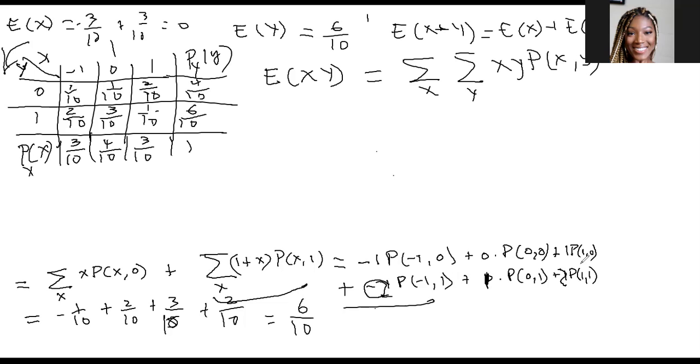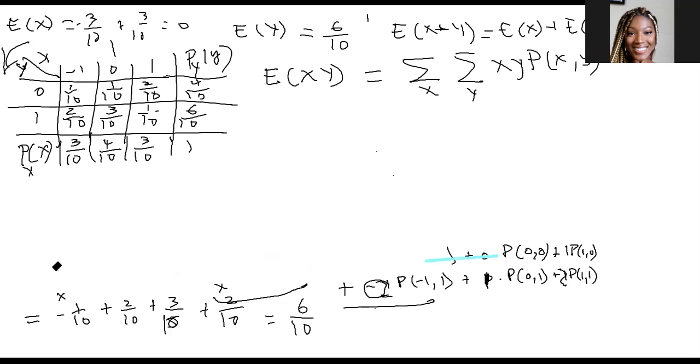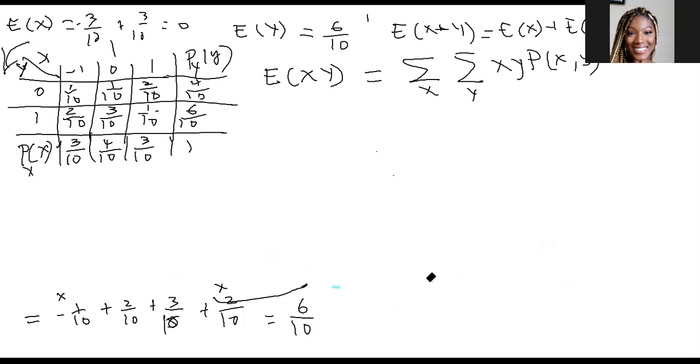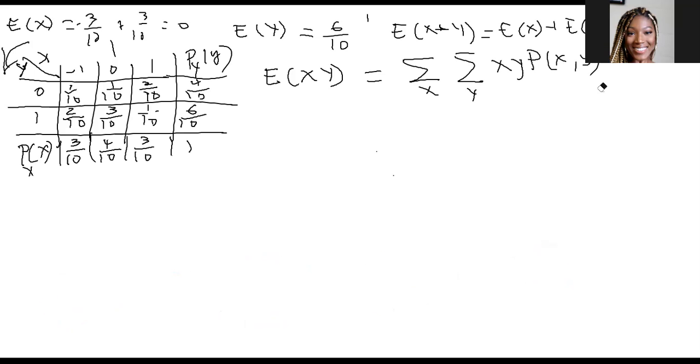I'm not going to do this one again. I did it just for you to know what the meaning of this is. But we can say again, let W equal to X times Y. And let's make a table for W.